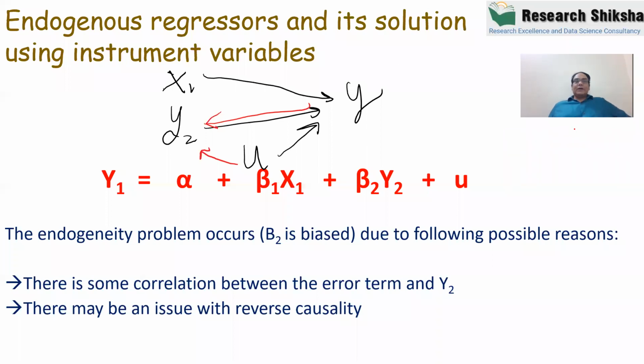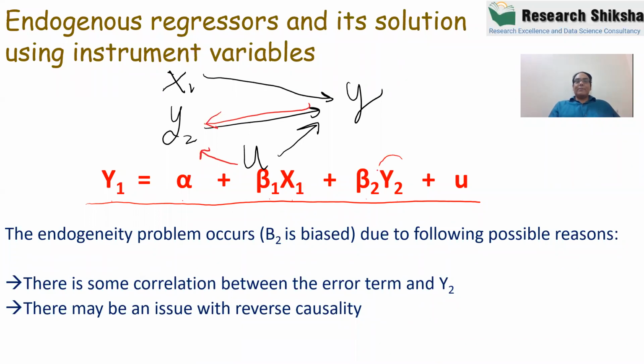So let's try to understand the concept of endogeneity, which can be solved with the help of the two stage least squares method. Normally we have this kind of equation: y equals alpha plus beta 1 x1 plus beta 2 y2.